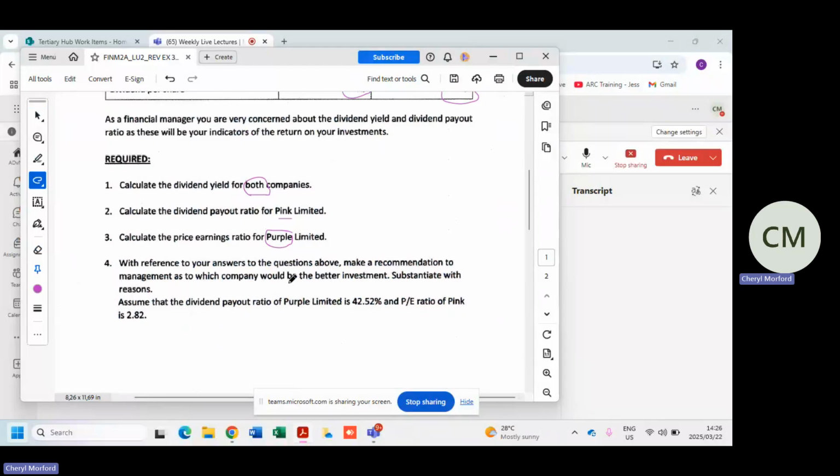Then let's look at number 2. First of all, what does it actually mean? As I mentioned before, a company has profit as a result of trading. Two things can be done with the profit. It can either be paid out as a dividend, or it can be retained as retained earnings. So this is what this ratio is doing.